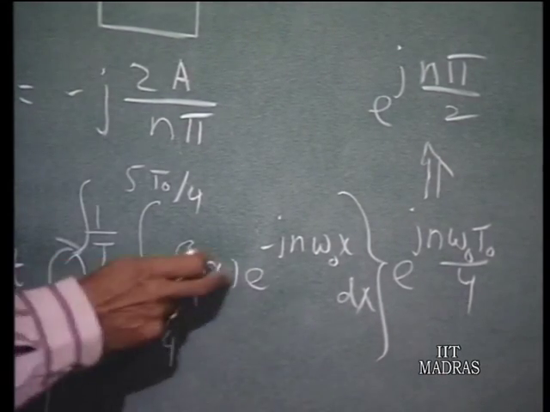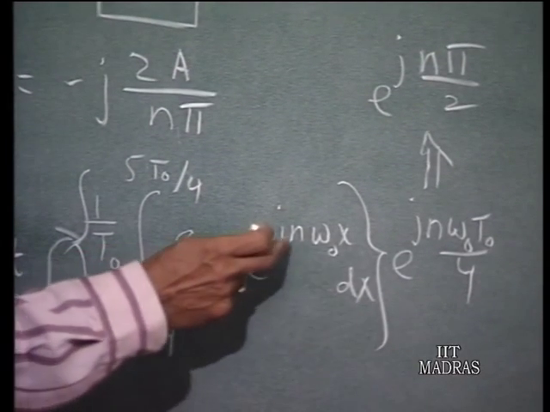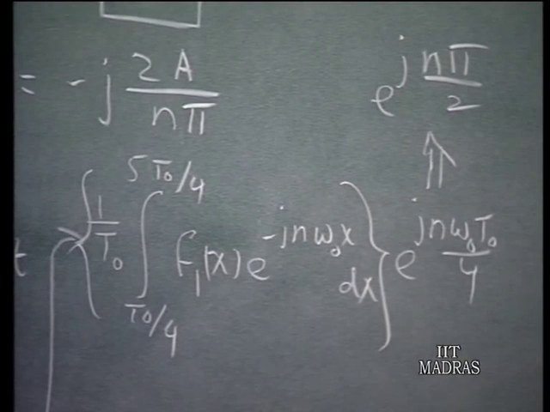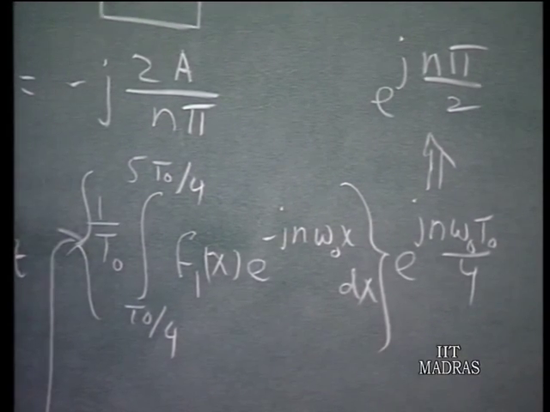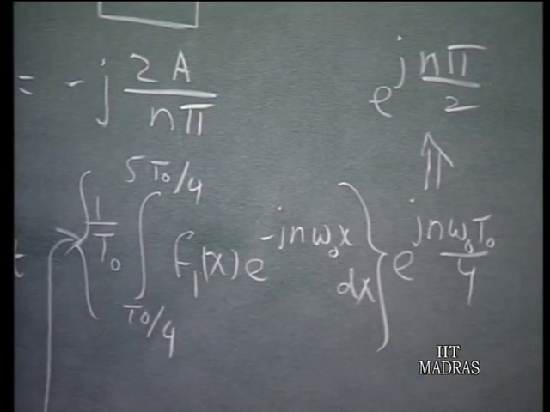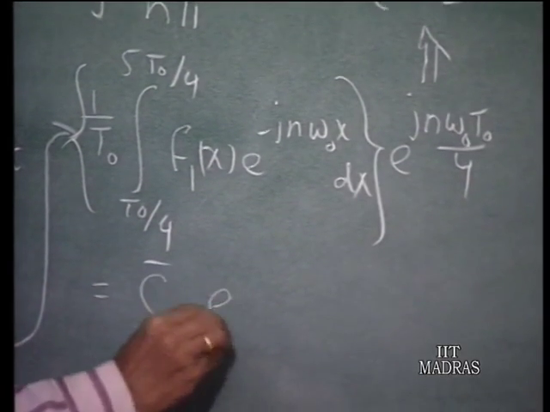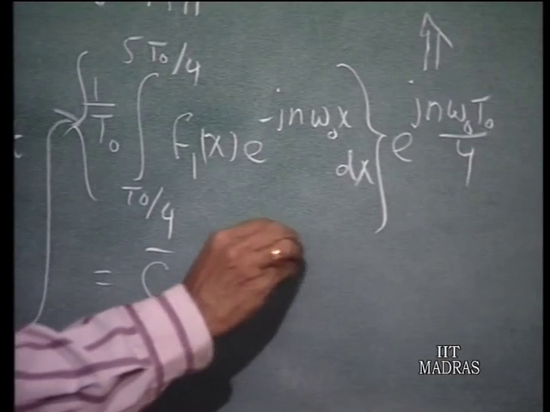After all, x is a dummy variable here, you can go back to t, this was f1 of t times e power minus jn omega naught t dt. This is exactly the formula for evaluating Cn1, because we are integrating this over a complete period. Therefore, this will become Cn1 multiplied by e power jn pi upon 2.